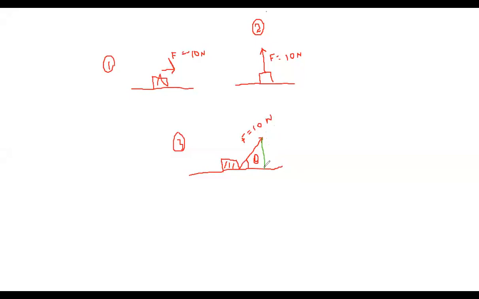This vector F, I'm going to break it into two components by drawing this perpendicular over here. And you can see very clearly that this is the y-axis, which shows the vertical, and this is the x-axis.